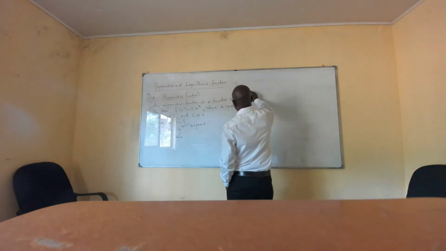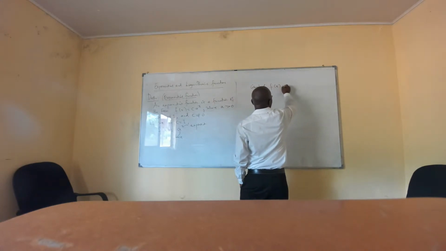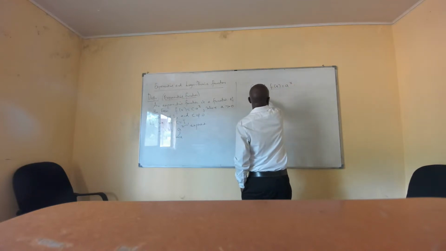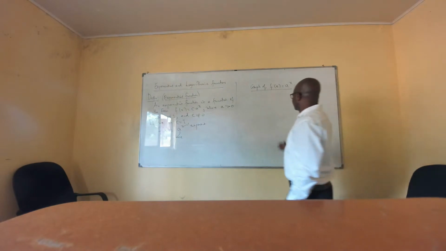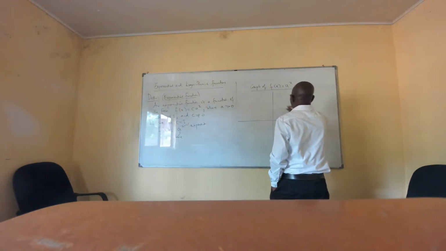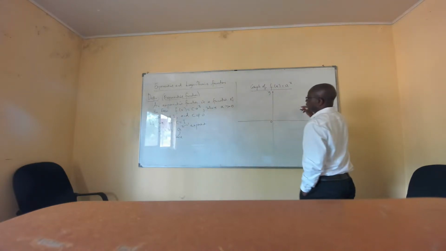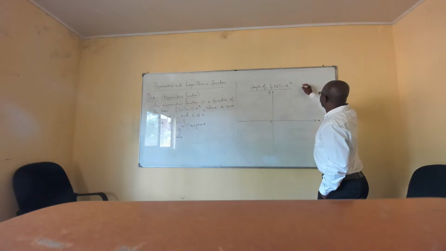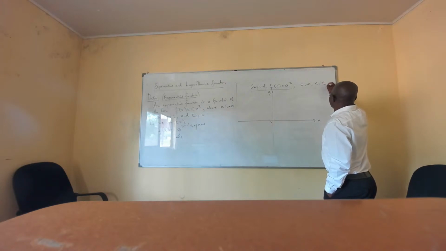We can look at the graph of f of x equals a to the power x. So this is your x, this is your y. We have two cases, where a should be bigger than 0 and a should not be 1.